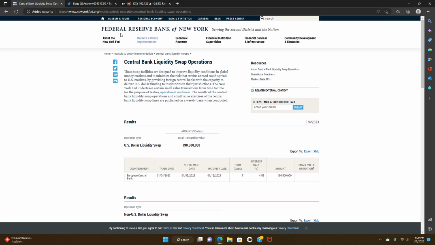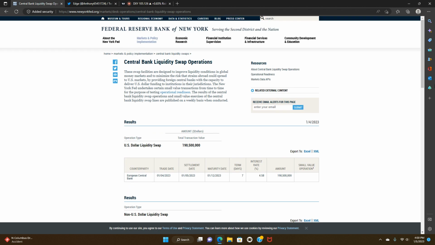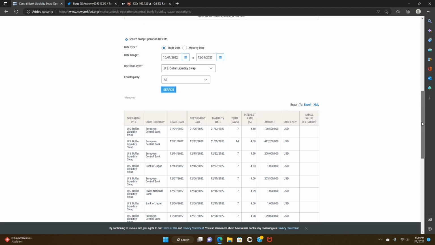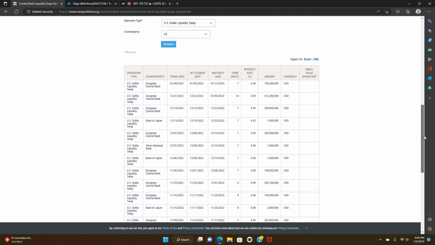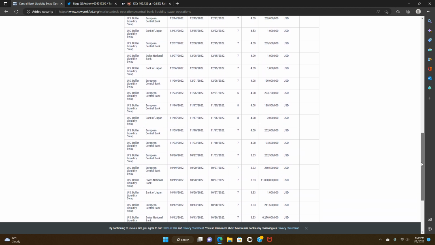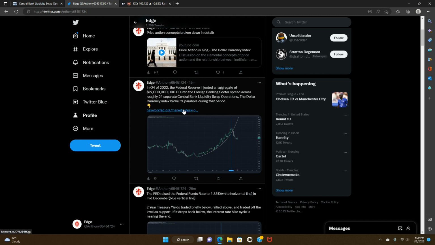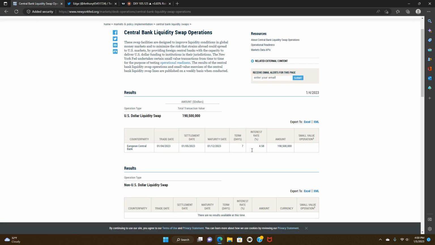Now, if we go to the Federal Reserve Bank of New York central bank liquidity swap operation, you can see all the different liquidity swap operations that have occurred during Q4. Anybody can go to this website. It's public information. The link's actually in the Twitter post right here.